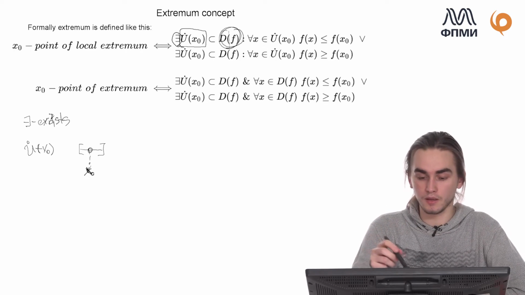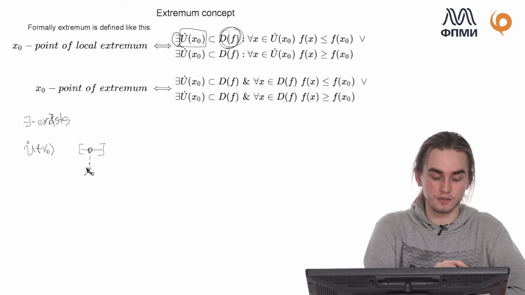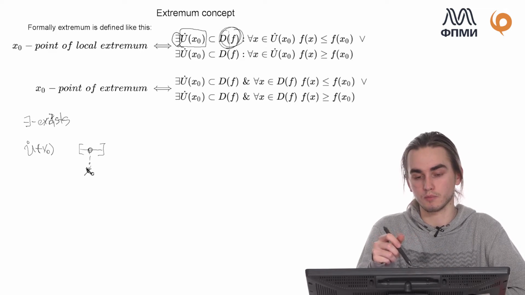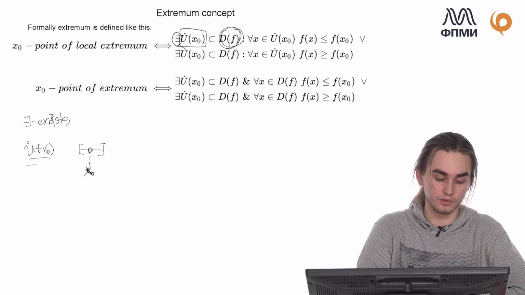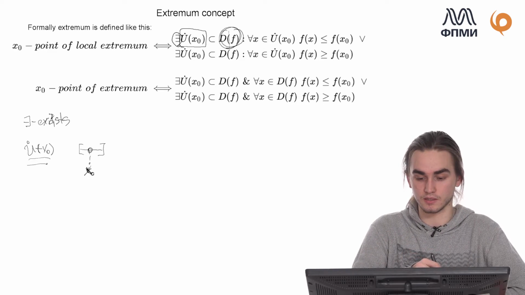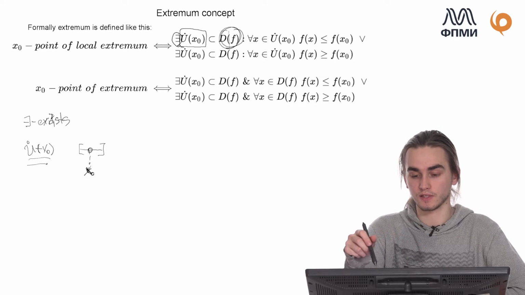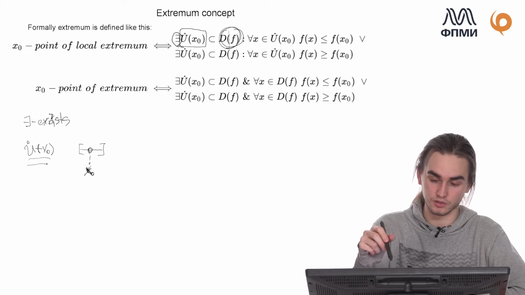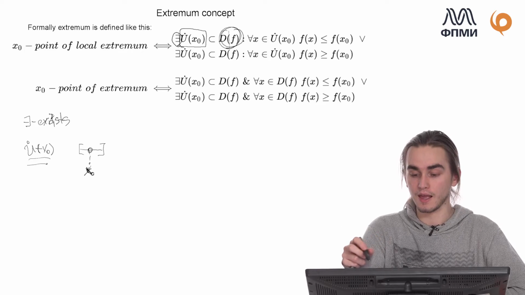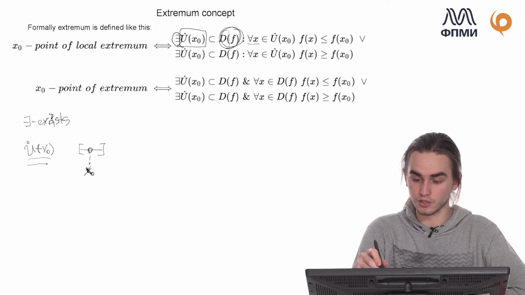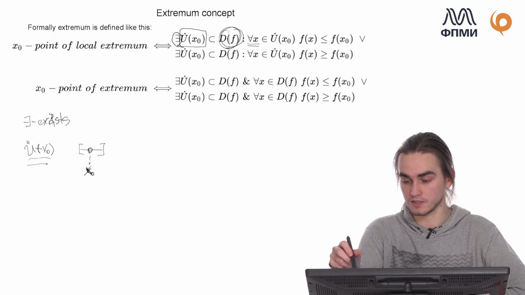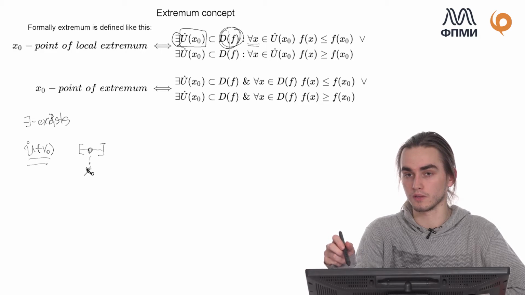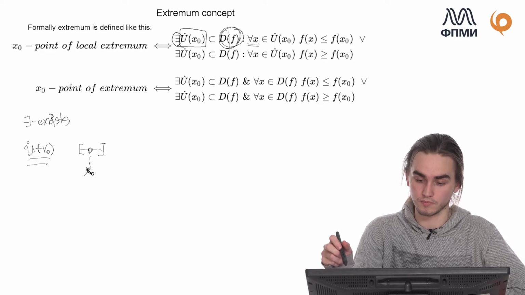So how to read it? x sub 0 is a point of local extremum if and only if there exists an area around x sub 0 which does not contain x sub 0, which is itself contained in the definitional area of function f, and for each x in this area, f from this x is less than or equal to f from x sub 0.